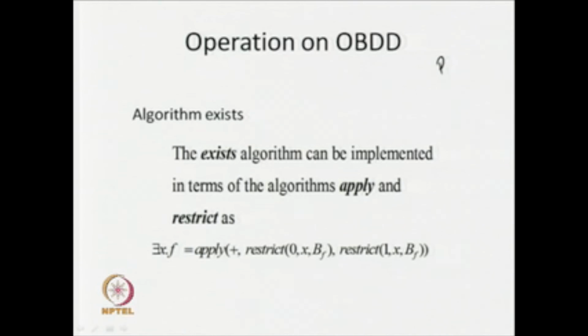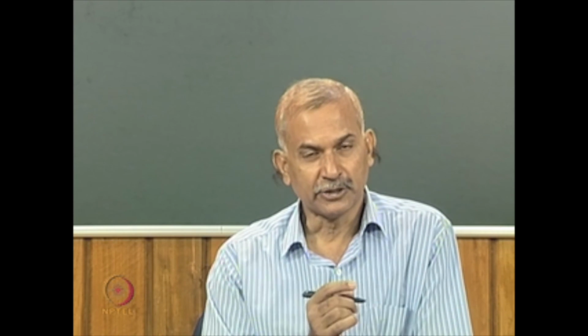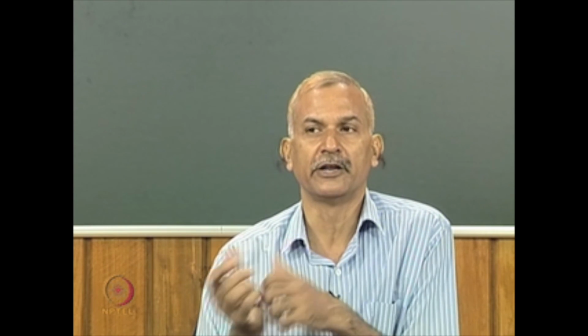So, if we are having the BDD representation B f of a given function f, then how do we find the relaxation on a given variable x? Already we have seen the restrict operation, the restrict algorithm. With the help of this restrict algorithm, we are restricting the function to a particular valuation, either x is equal to 0 or x is equal to 1. But in case of exists, or relaxing on that particular constraint, it may be either 0 or 1.